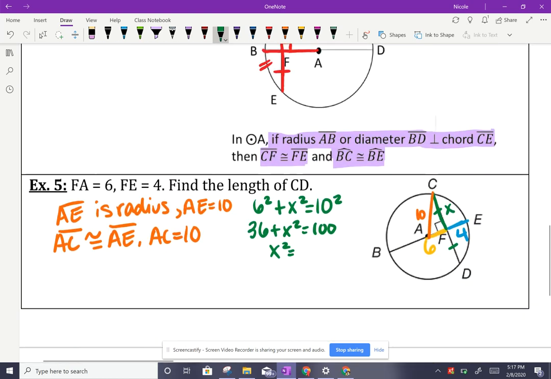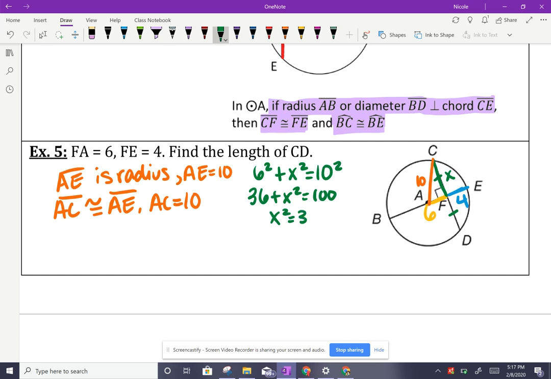Whoa, not x squared equals 36. X squared equals 64. So x has to be 8. If x is 8, the whole length of CD is 16.